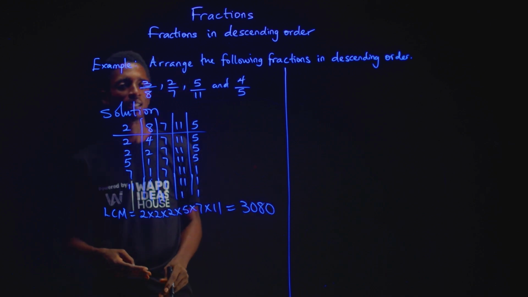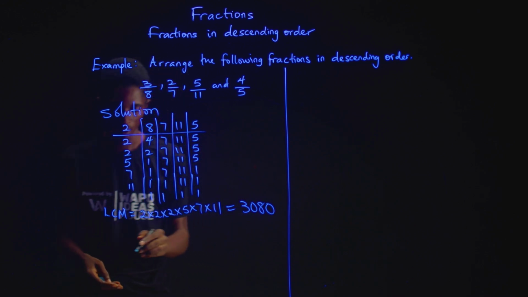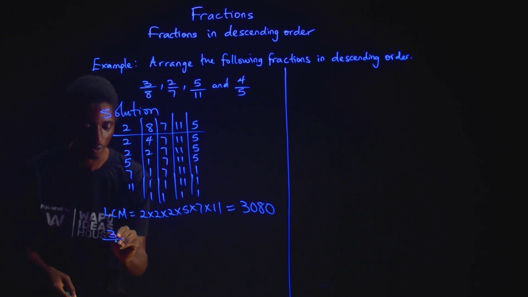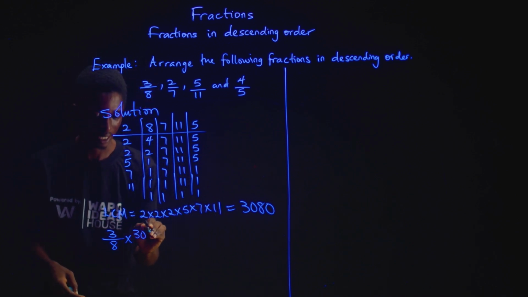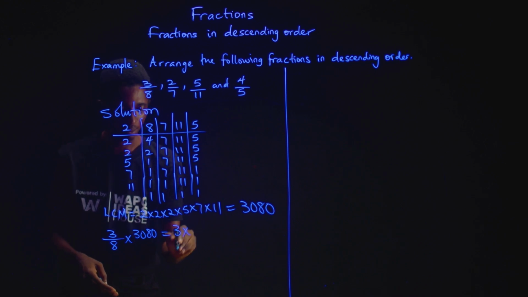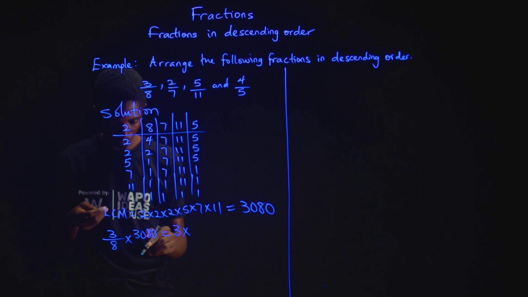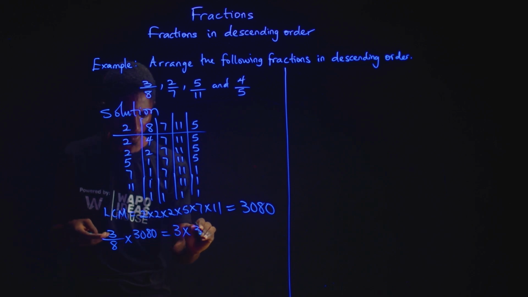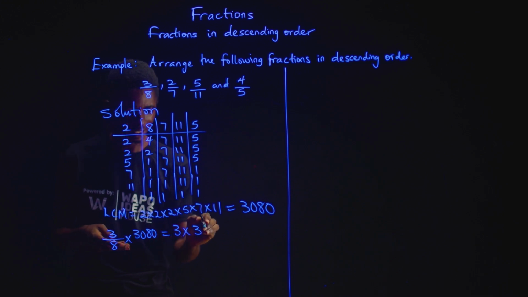3080. The next step is then multiply each of the fractions by the LCM. So we have 3 over 8 multiplied by 3080. This would give us 3 multiplied by 8 in 30, that is 3, remainder 6. In 68, that's 8, remainder 4.